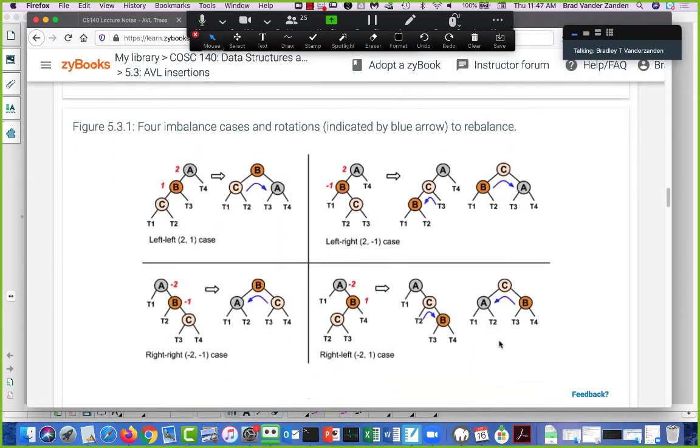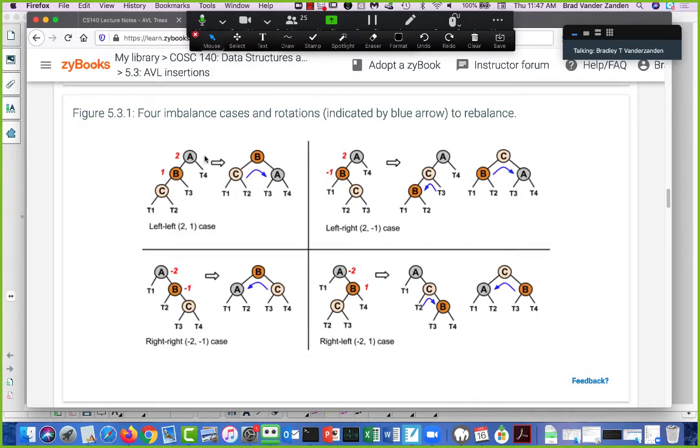Okay, and then here we're showing how each of those 4 cases is resolved. So with a zig-zig left, we rotate about B, thus obtaining this tree that you see here. With a right-right, it's another zig-zig case.